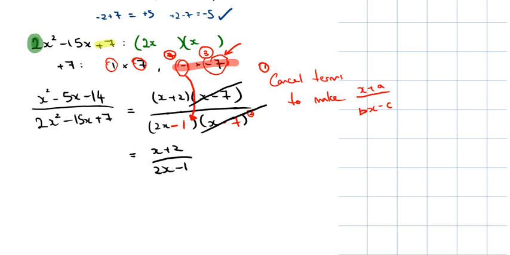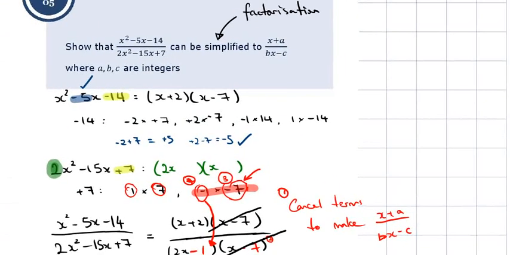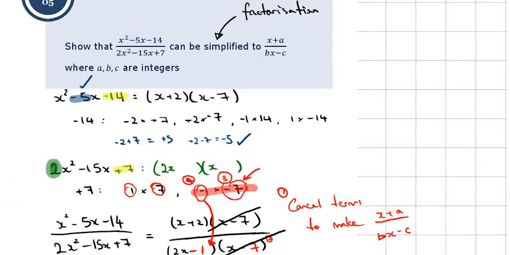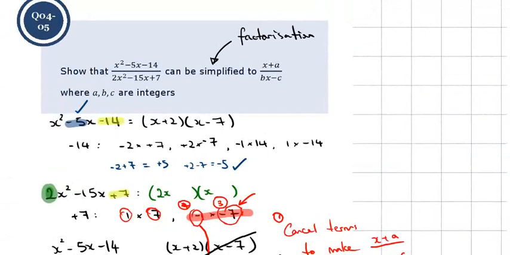Now, typically if you're being asked to factorize 2x squared minus 15x plus 7, you'll need to go through the entire process again of multiplying and trialing out different numbers. However, in this case you actually got given a pretty good hint that it needs to be simplified.